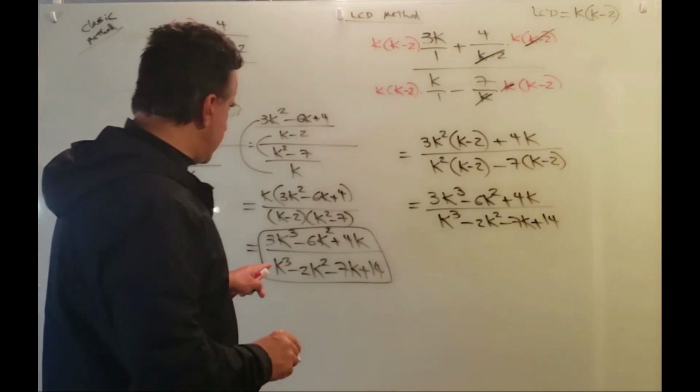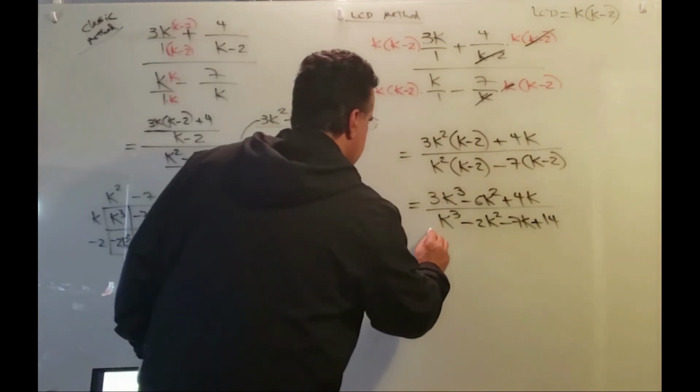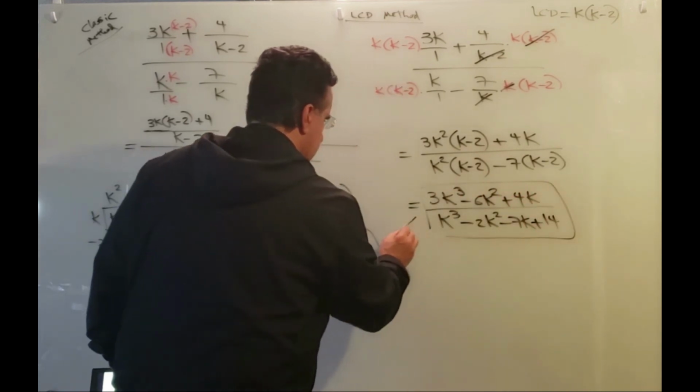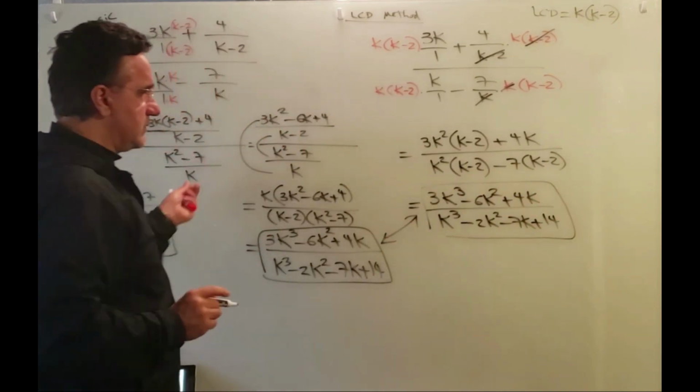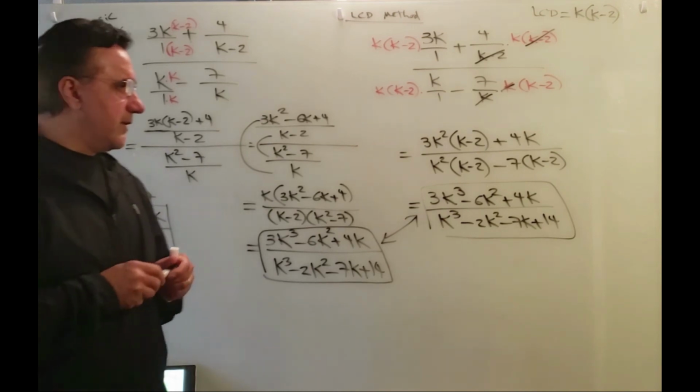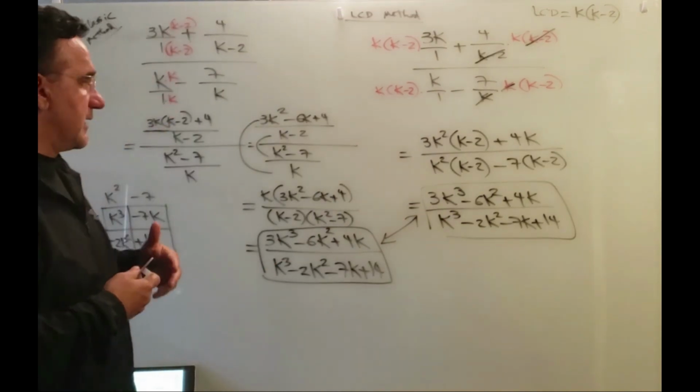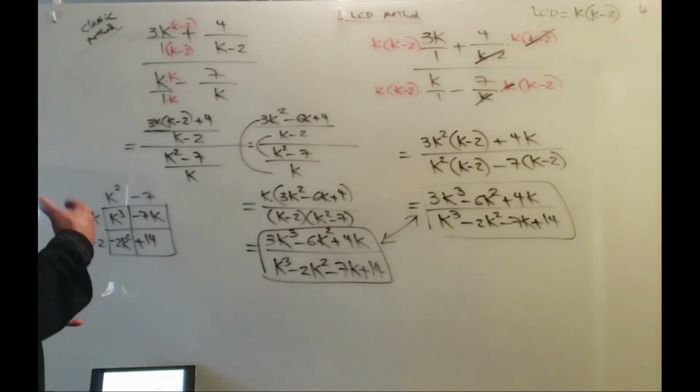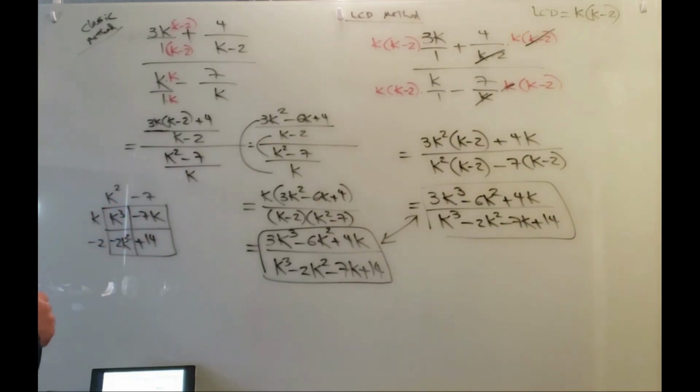And not surprisingly, it's exactly the same answer as we got using the other method, because after all, it's a different method. You shouldn't get a different answer. So we end up with the same answer in both situations, okay?